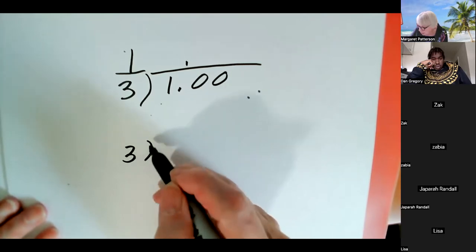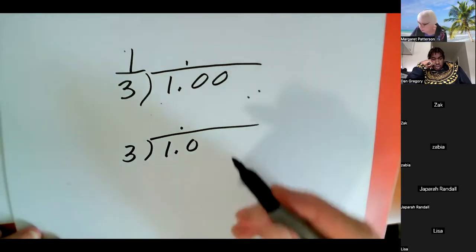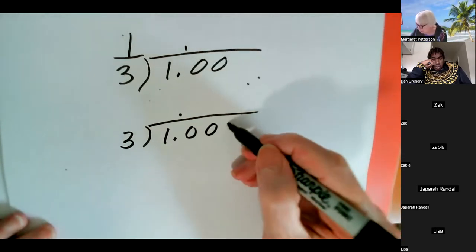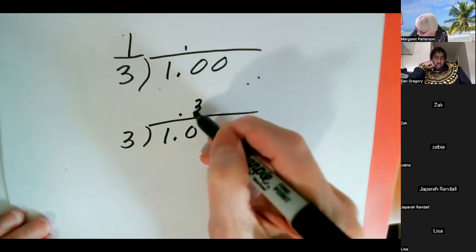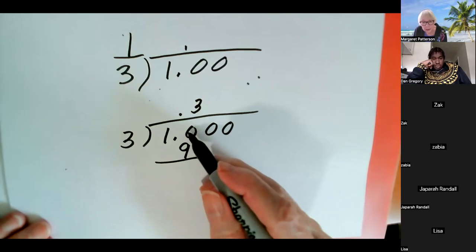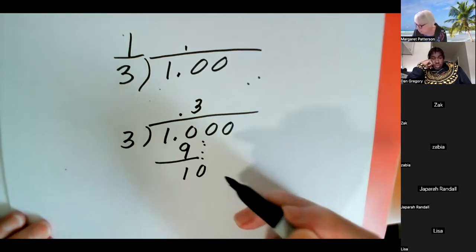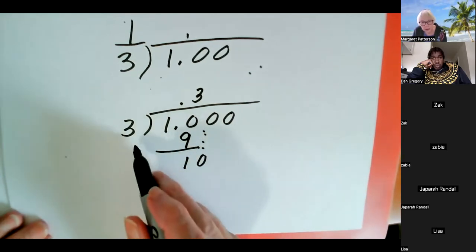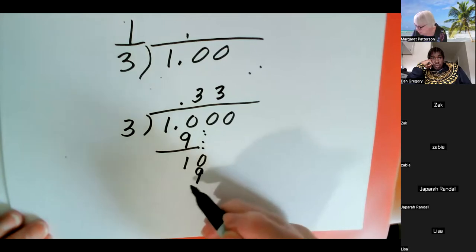So it's 3 into 10. I'm going to add some zeros. I'm going to need a couple. So 3 into 10 is 3. 3 times 3 is 9. 10 take away 9 is 1.